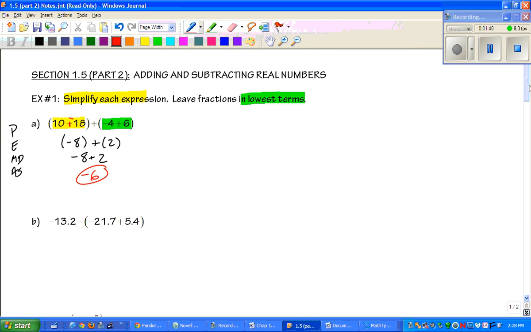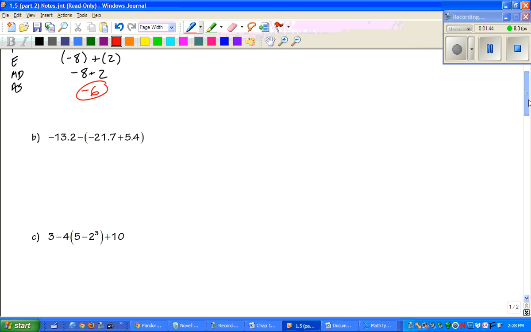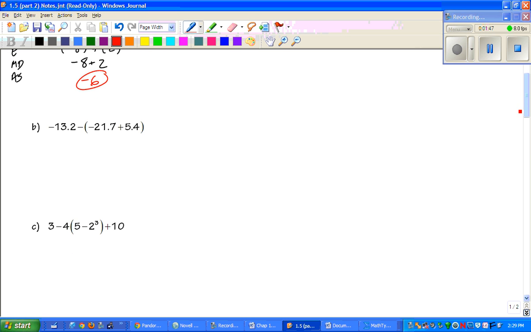All right, let's look at B. We have negative 13.2 minus parentheses negative 21.7 plus 5.4. So remember the order of operations, we have to do the parentheses first. Now some of you guys might think, oh, we have to distribute that.